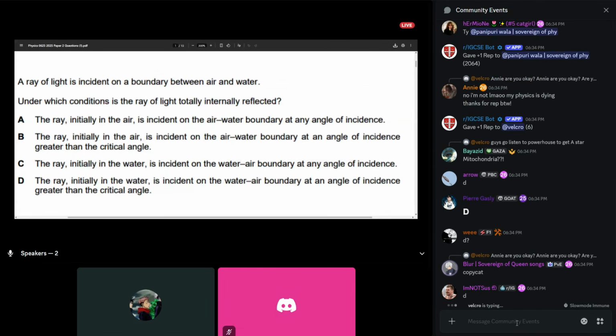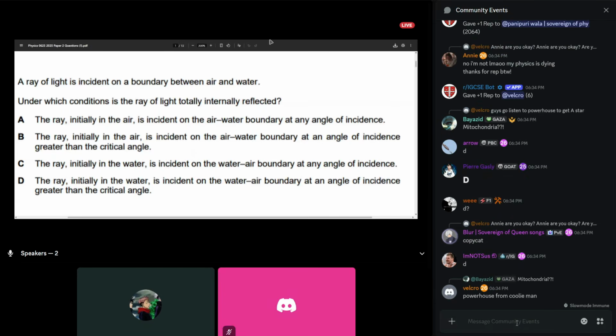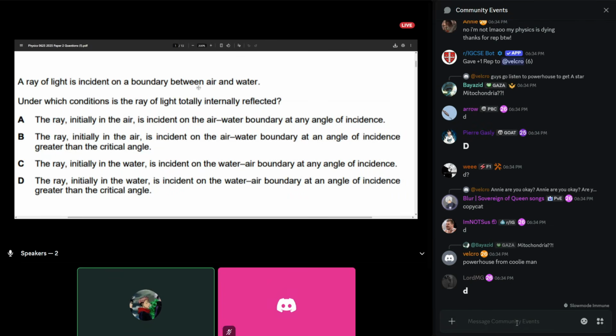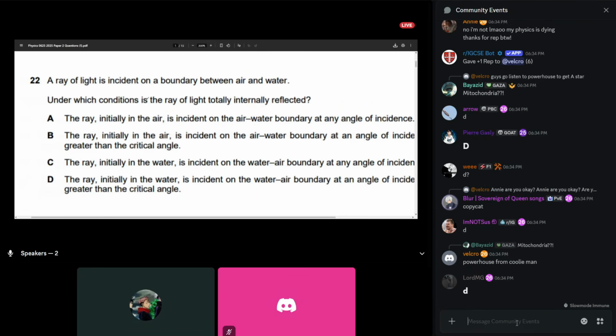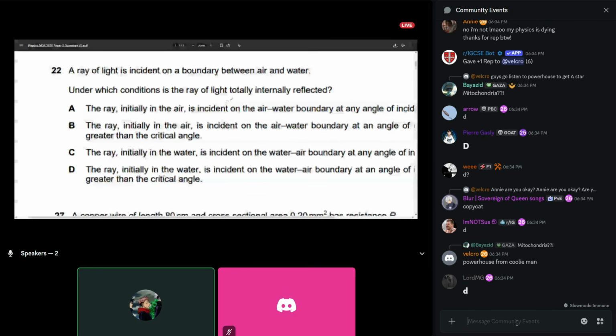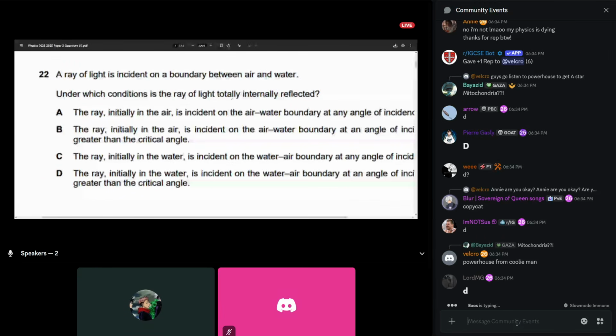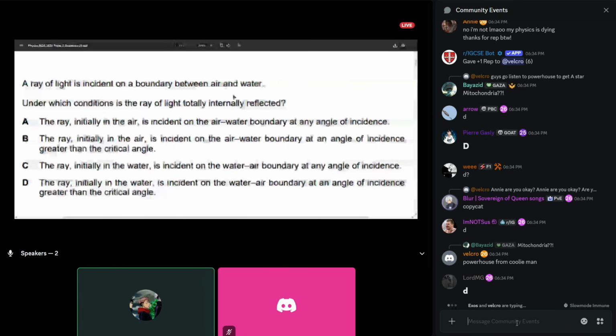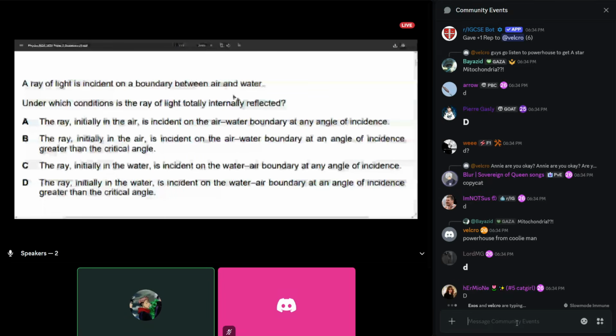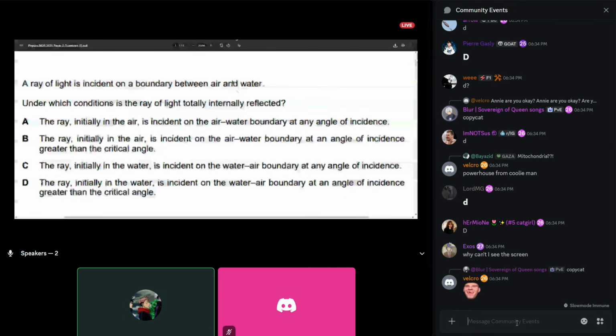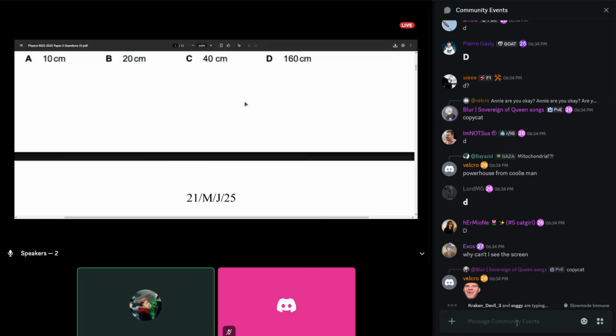I'll tell you. It's D, correct. Because it just has to be the slowest. The angle obviously has to be on the critical angle. That was very simple.